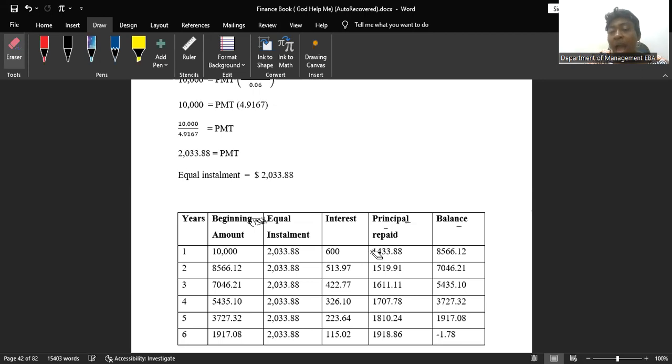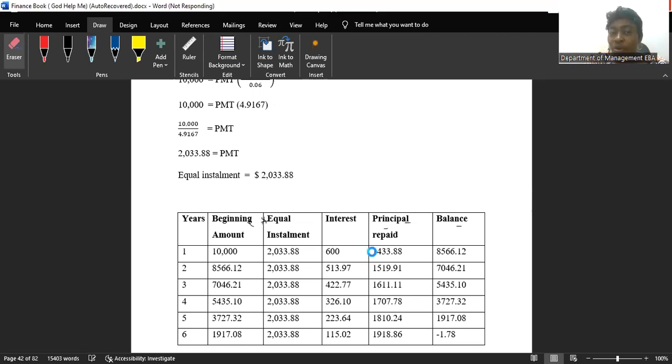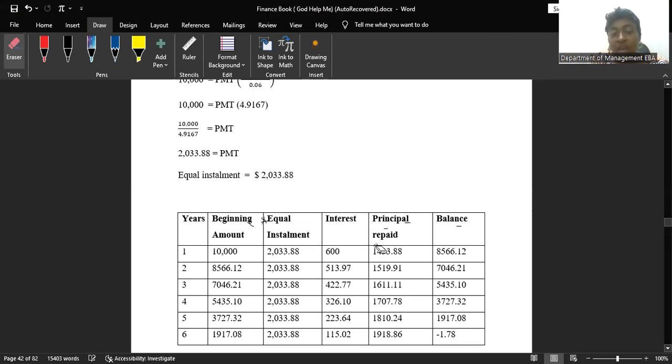This is an amortization table that we've constructed for this work. This is the years. We are going to pay the loan for 6 years. So first you bring it here. Now, beginning amount. Note that the amount we took is 10,000. That's the beginning amount. So let's consider the first year.